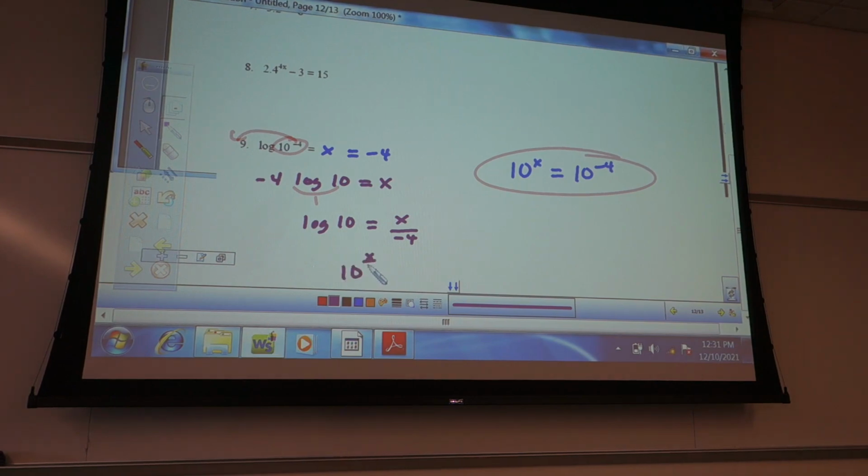Then you have to go, okay, log 10 equals x over -4, and then 10 to the x over -4 equals 10. So this must be 1. So then you have x over -4 equals 1. And then you multiply both sides by -4 to get x equals -4. That's just a lot harder.